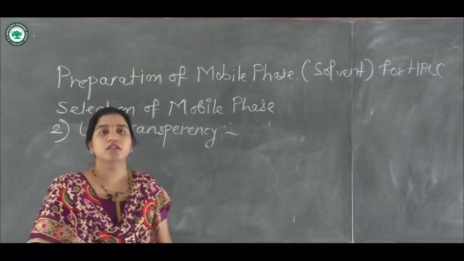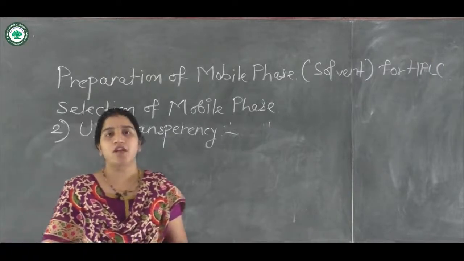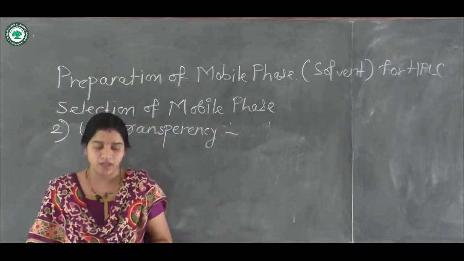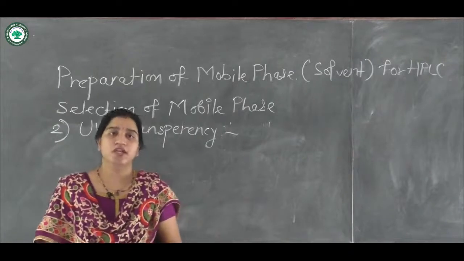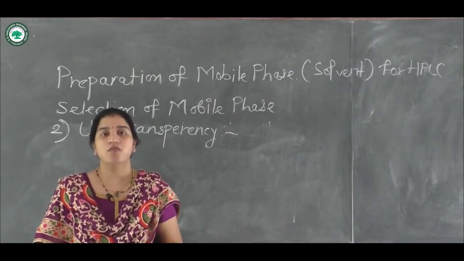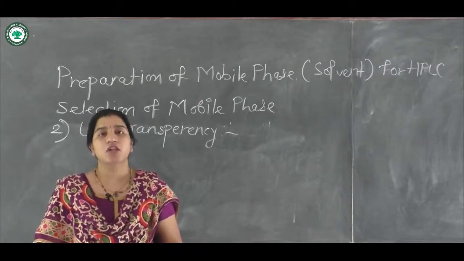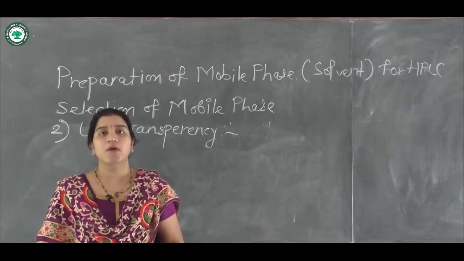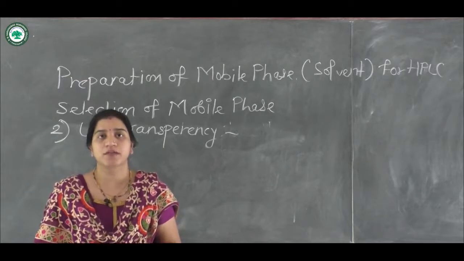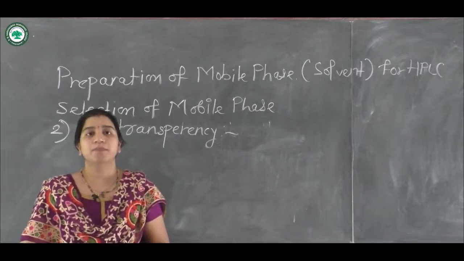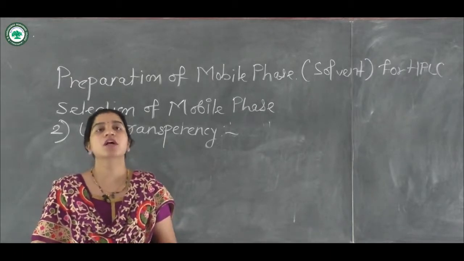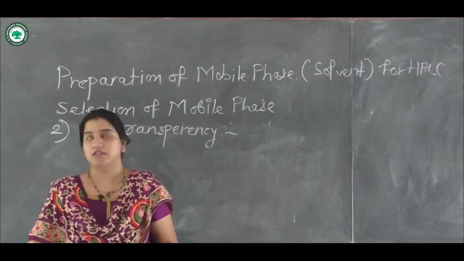Whenever you are using a UV detector for HPLC chromatography, you have to check the UV transparency of your mobile phase or solvent. That means the solvent that you are using as a mobile phase in the HPLC instrumentation should be completely transparent to the UV absorbance range.